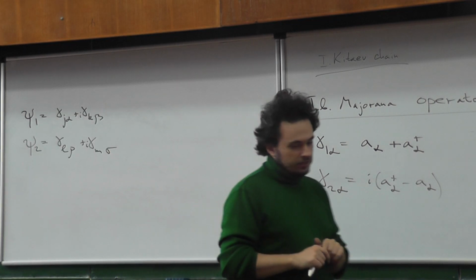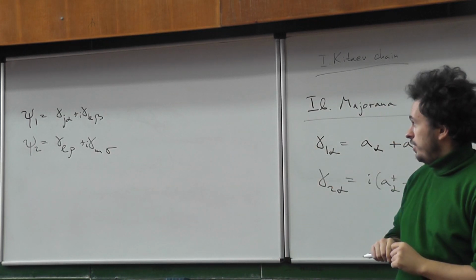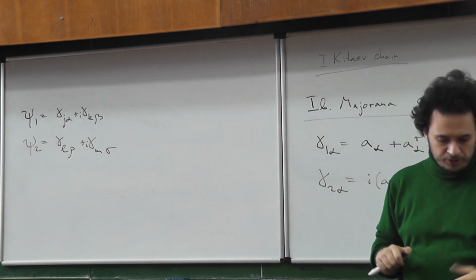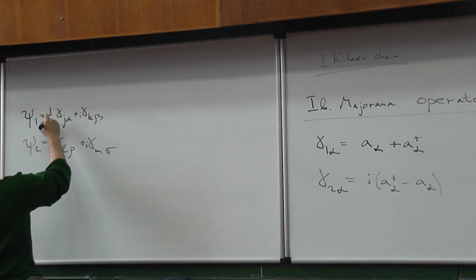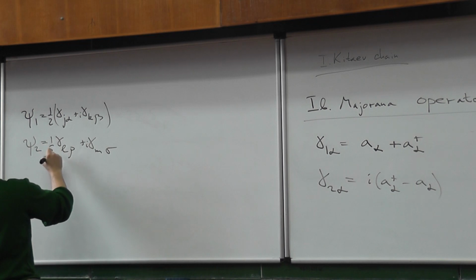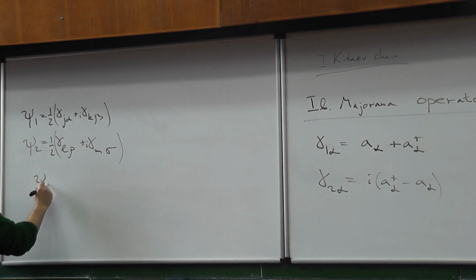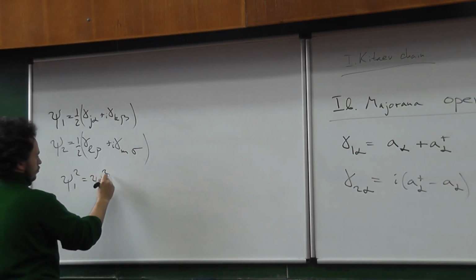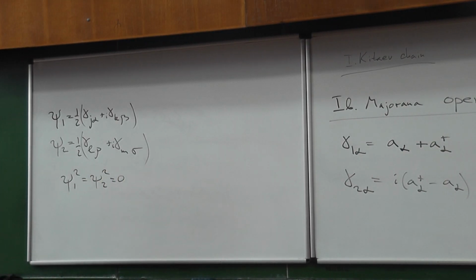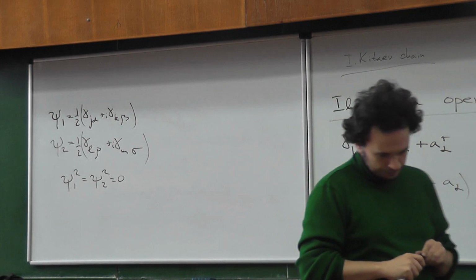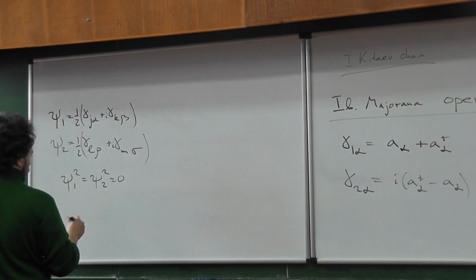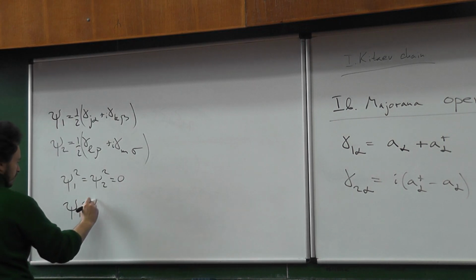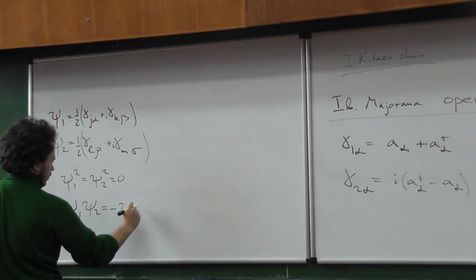And what I want to tell you is that these are as good as our original fermions. For example, you can show that ψ1 squared is the same as ψ2 squared and is equal to 0. You do a simple calculation, you show that. Another thing you can show is that ψ1ψ2 is equal to minus ψ2ψ1.